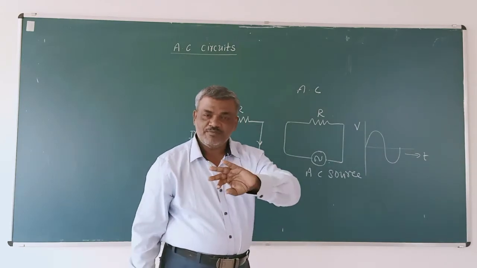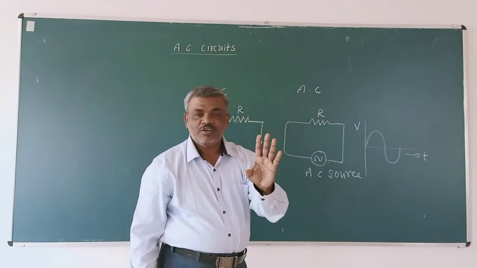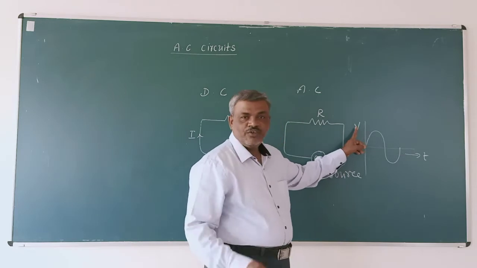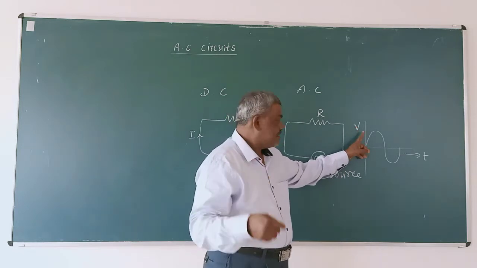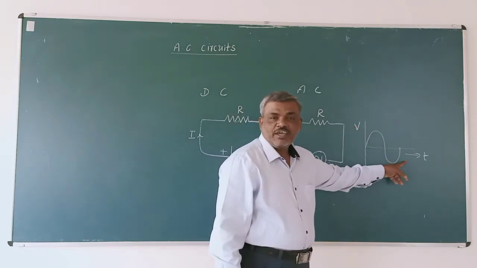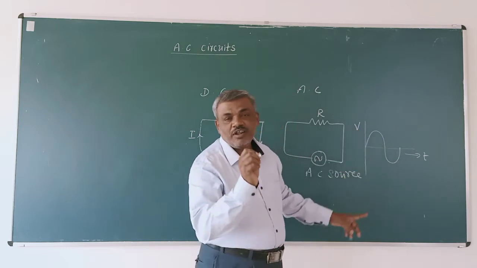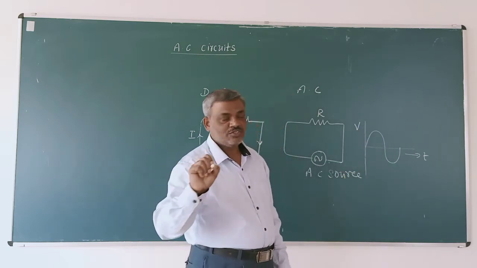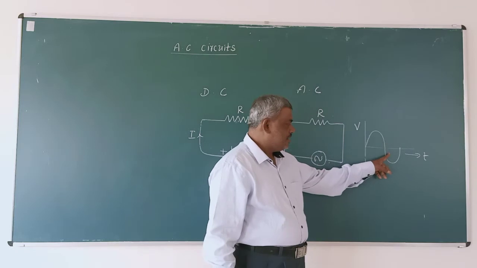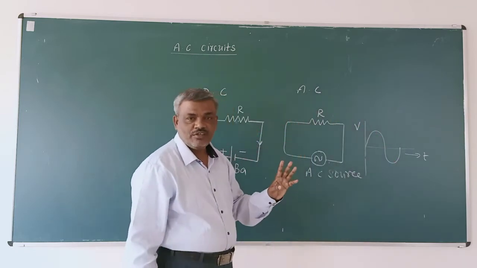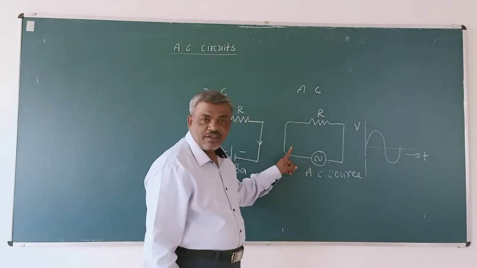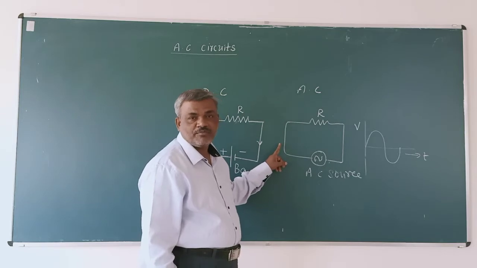So already you know the definition of alternating voltage: a voltage that varies like a sine function with time. Every half cycle the direction must change. Therefore, you do not indicate the direction of the current.